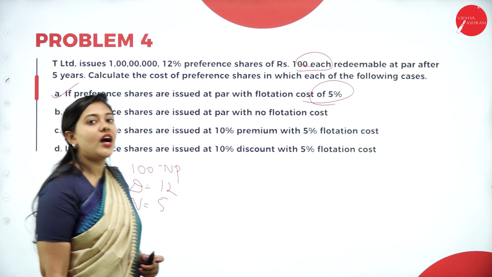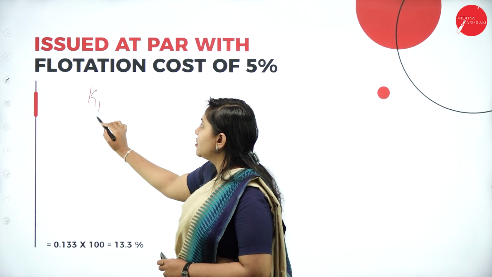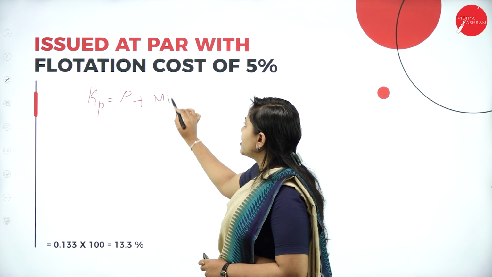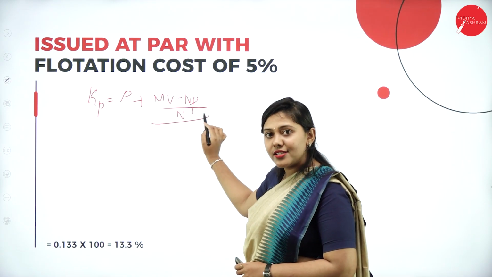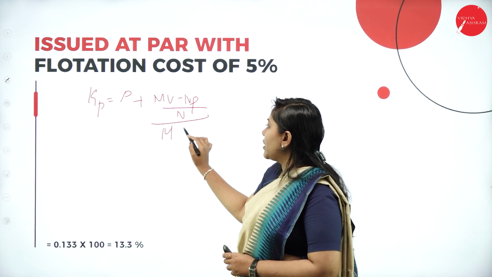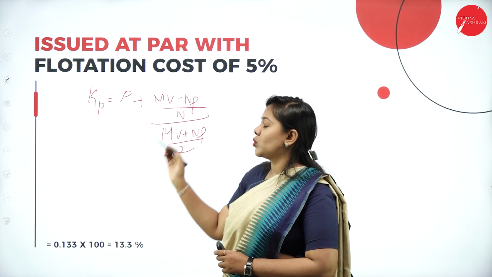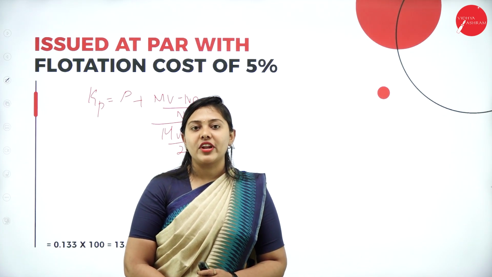What is the formula? The formula is your preferential dividend plus maturity value minus net proceeds divided by number of years, divided by maturity value plus net proceeds divided by 2. So this is the formula we have for cost of preference shares.